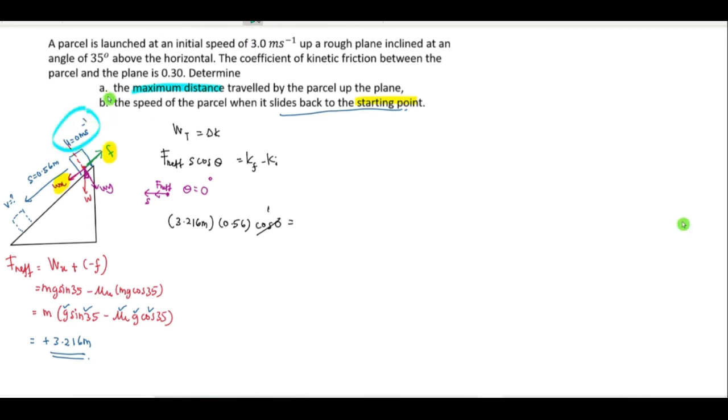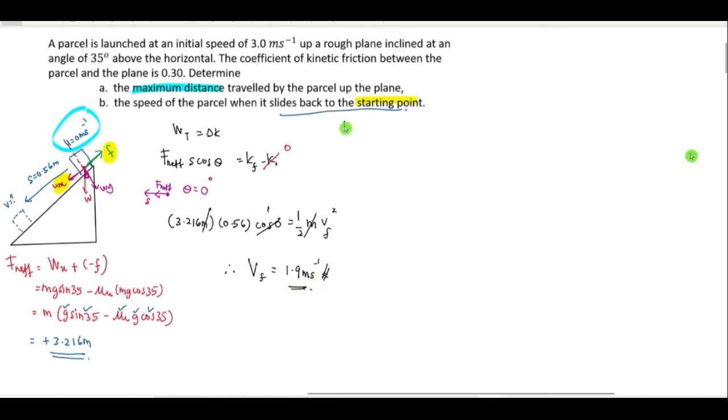So u is equal to 0. So K initial is equal to 0. Okay, so K final ada. So masukkan nilai dia. v kita nak cari tak tahu berapa. Okay, so potong m. Therefore, we can find v final is equal to 1.9 meter per second. Okay, so kita dapat jawapan.